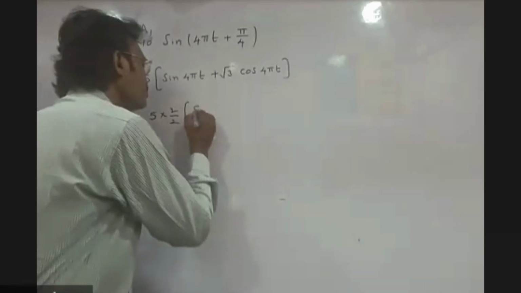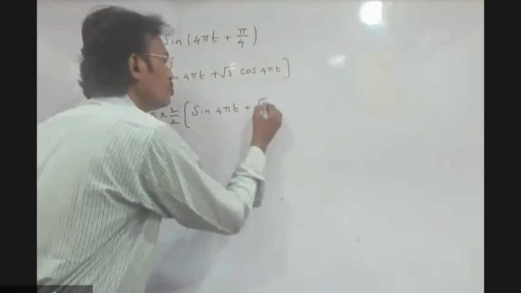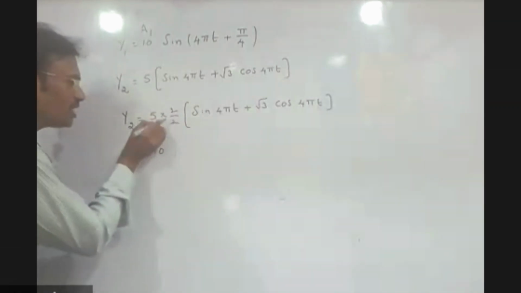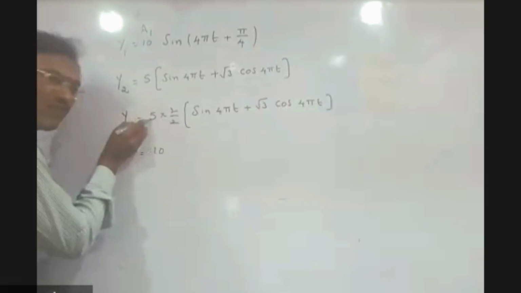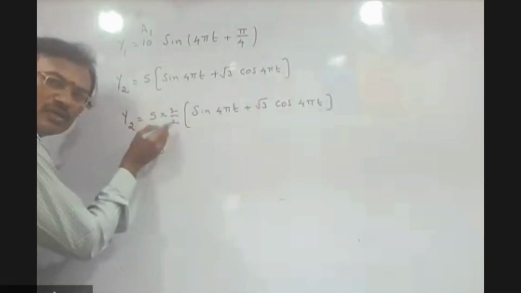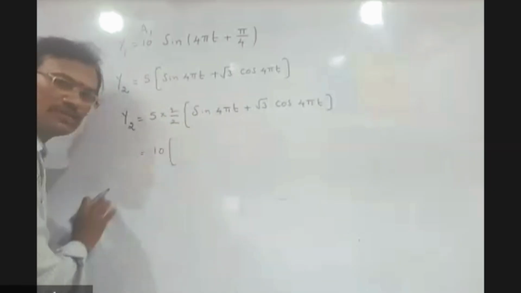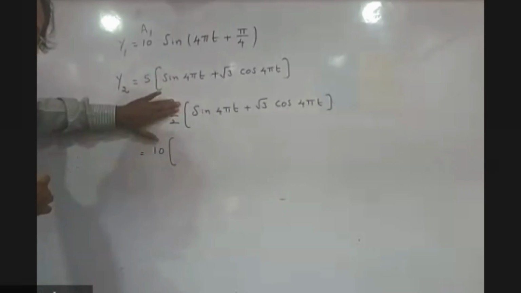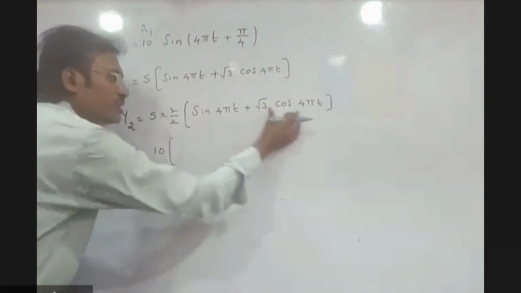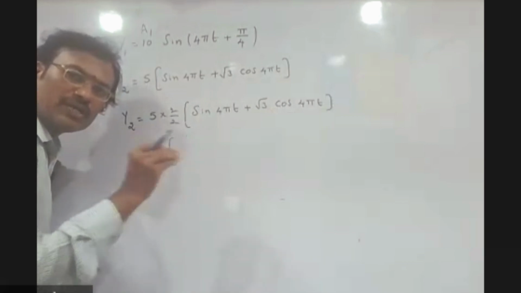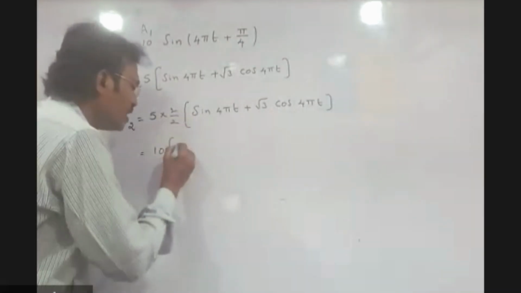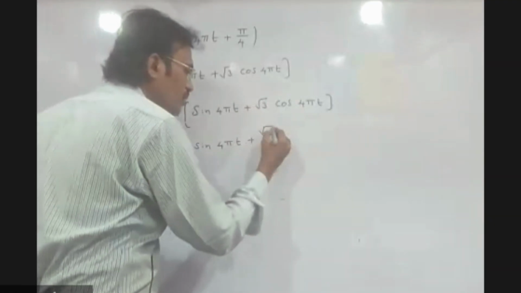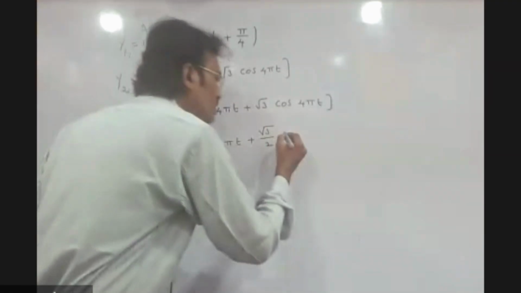So y2 is equal to 10 times, 5 2s are 10, and the remaining 1 by 2 is multiplying with every term in the bracket: 1 by 2 sine 4 pi t plus 1 by 2 into root 3, that is root 3 by 2, cos 4 pi t.